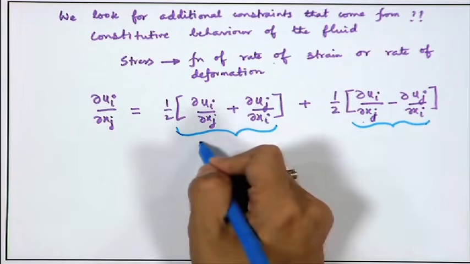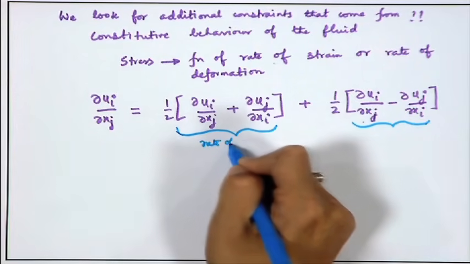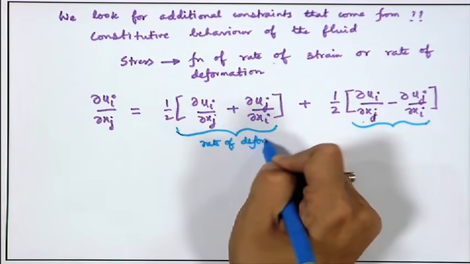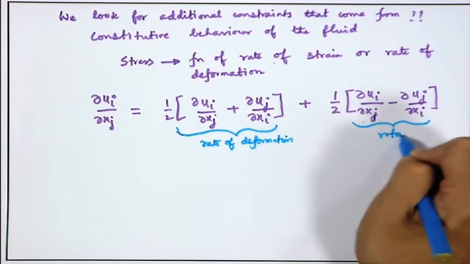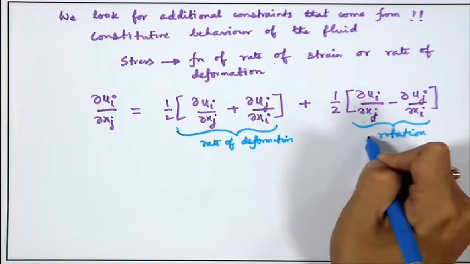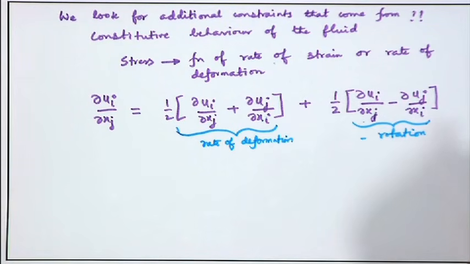This represents the rate of deformation and this represents rotation, basically minus of the rotation.